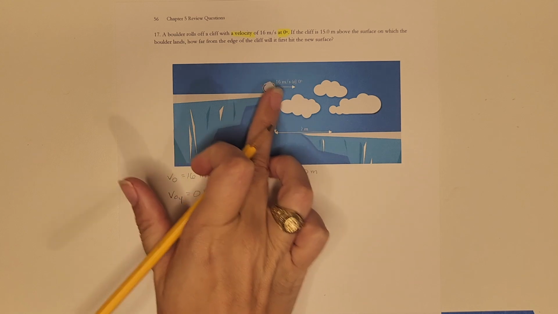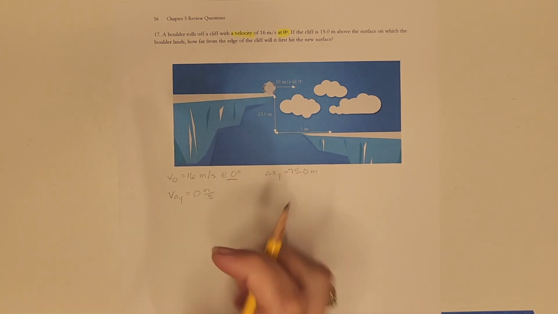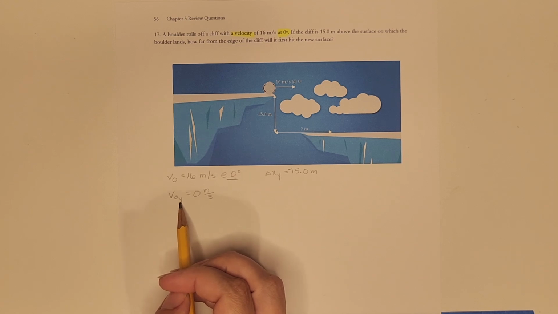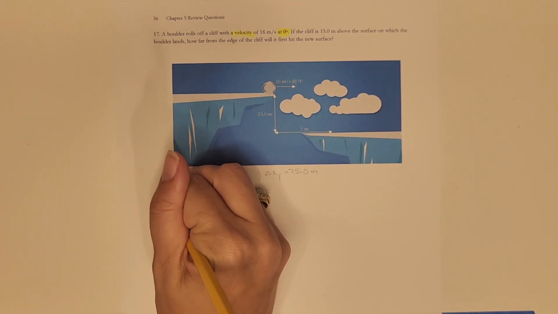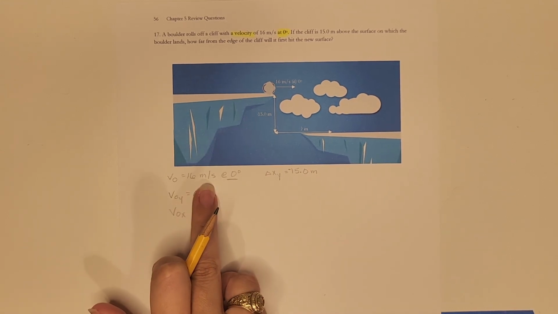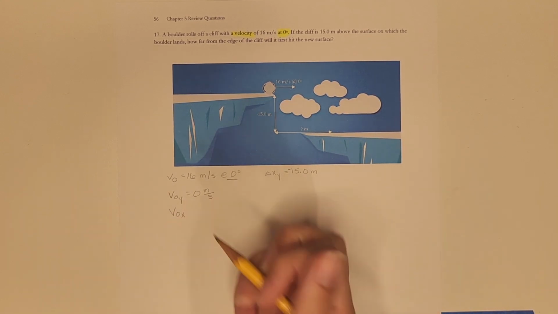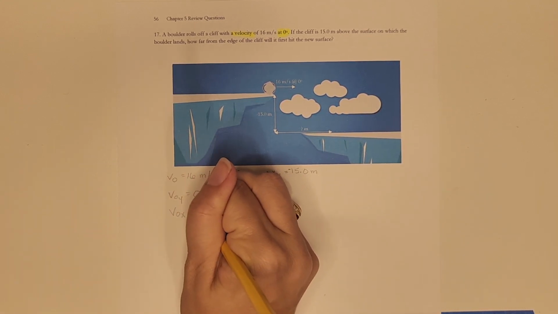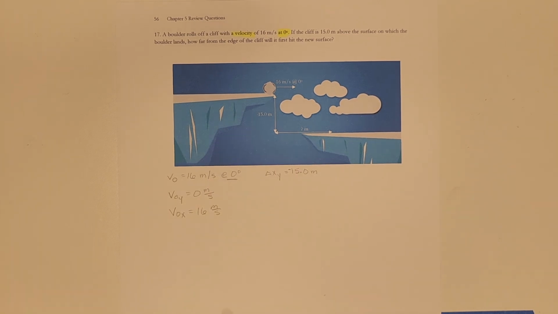There's no up or down motion to this boulder initially. And this is our initial velocity. Our x component velocity is going to be this, because we're at 0 degrees, this is horizontal velocity, and so our x component velocity is exactly what we were already given. So that's easy. We don't have to figure out either of those.